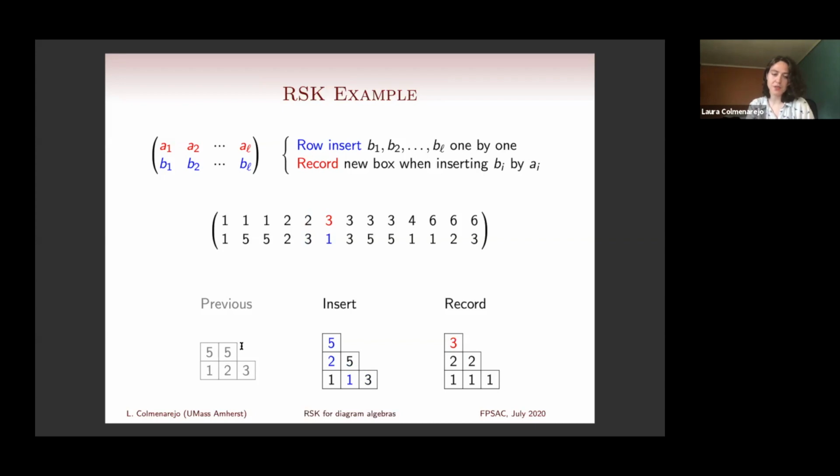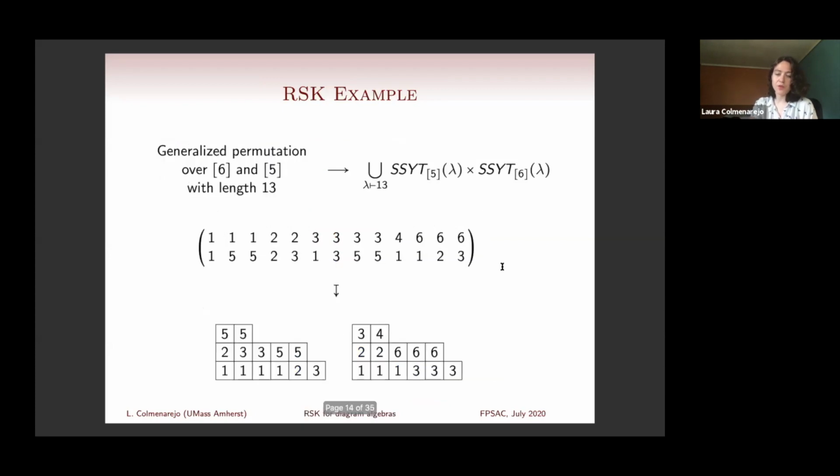But once I have the 2 in the second row, it is going to bump the 5, and the 5 is going to the third row. So that's why I get this one over here. And again, what I have over here is the new box, and I'm going to record the 3. So if you continue doing this algorithm for the rest of the generalized permutation, what you get is the one that I got at the beginning of the example.